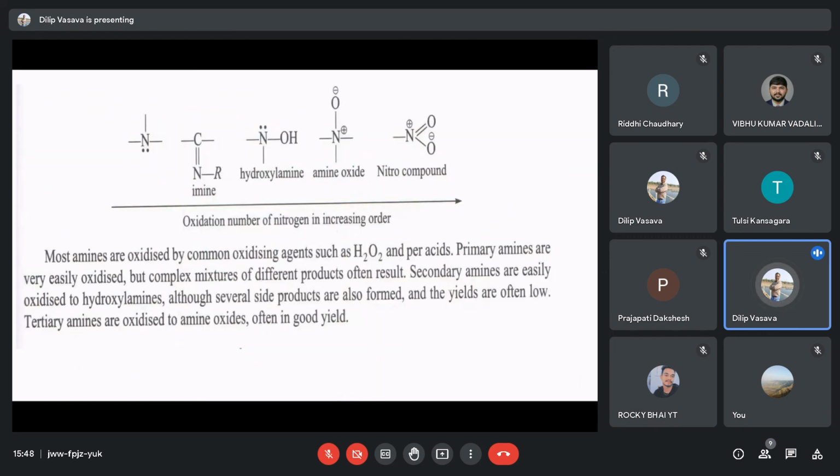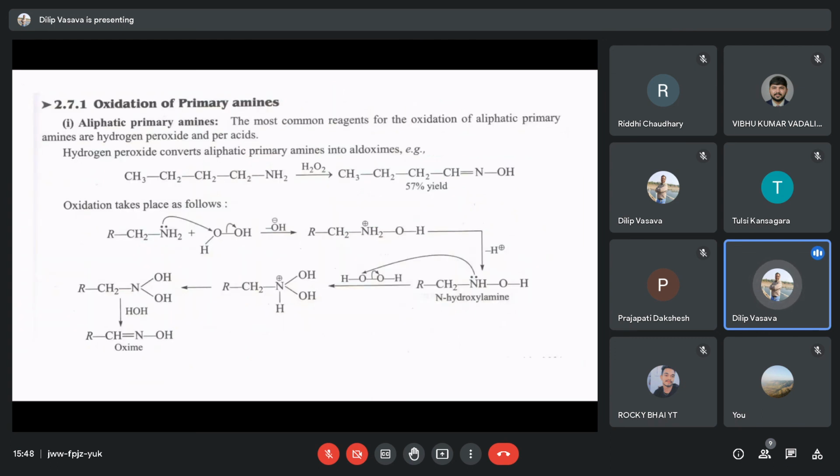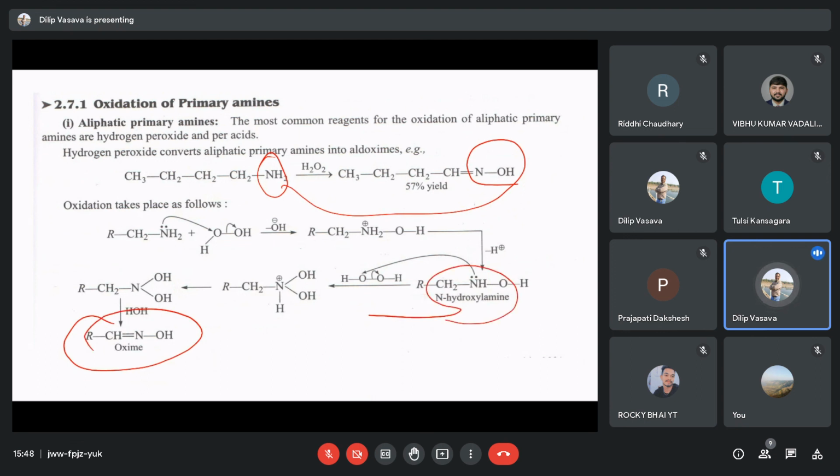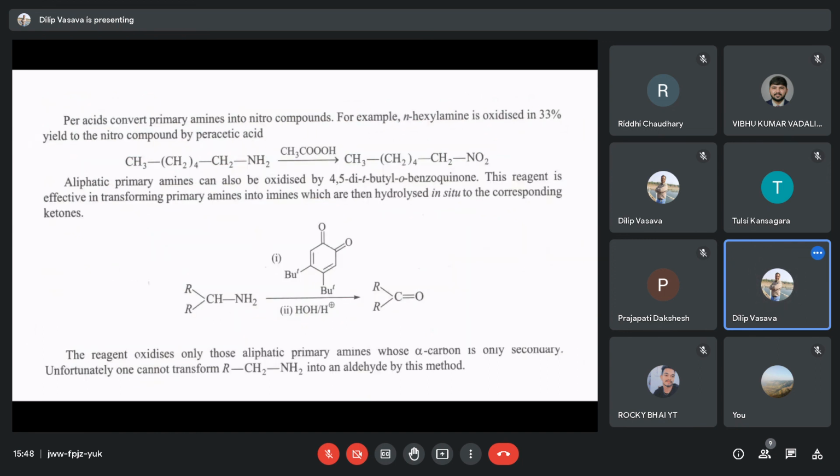The imine is there, and that is also primary, secondary, and primary amine if taken. So that is also oxidized in the presence of H2O2, and hydroxylamine is obtained. Finally, hydroxylamine gets converted into the oxime. So this is the same thing: NH2 is oxidized into NO2.